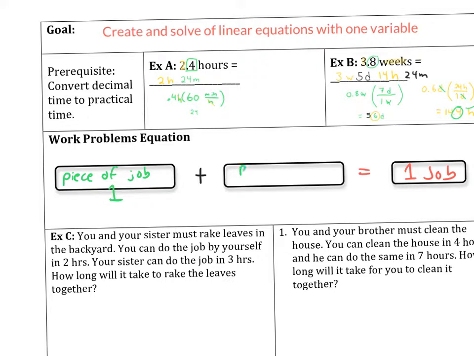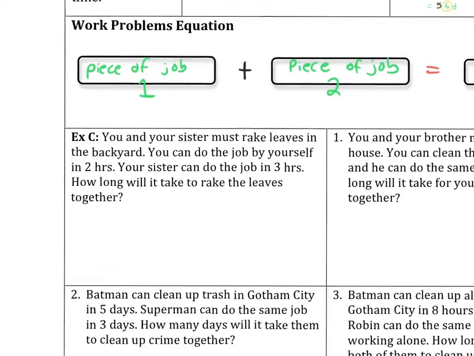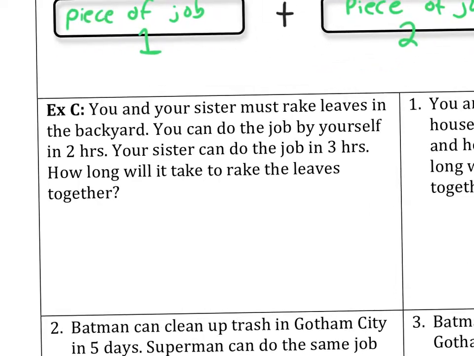And then over here is my sister, or your sister, is going to do a piece of the job, a part of the work from worker 2. So when we look at this part of the job and this part of the job, together it's one job entirely.